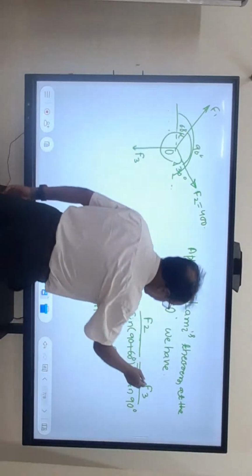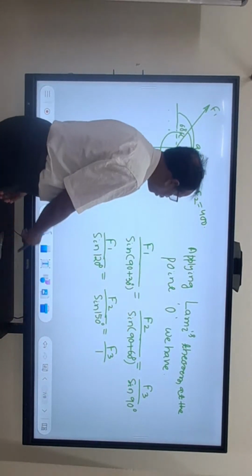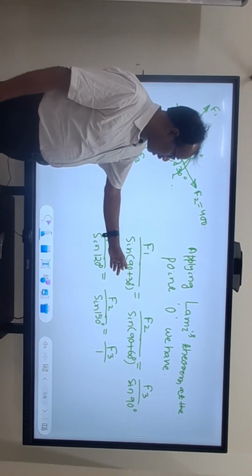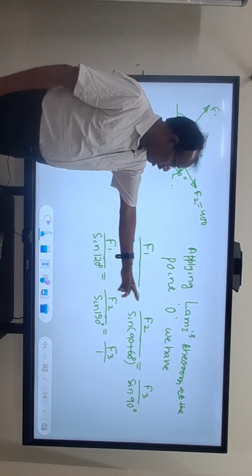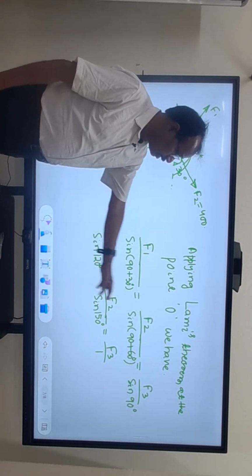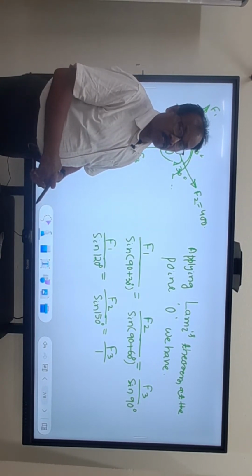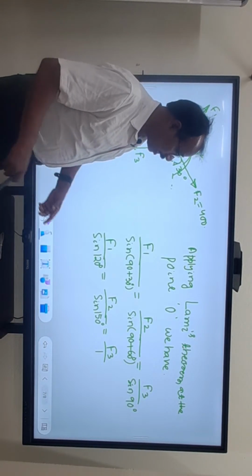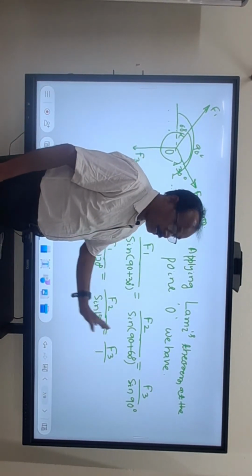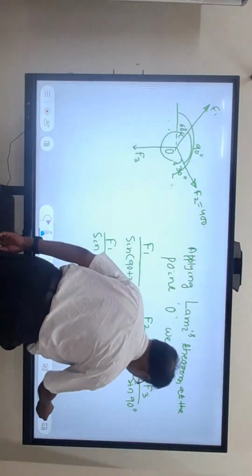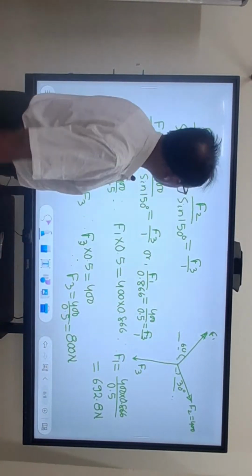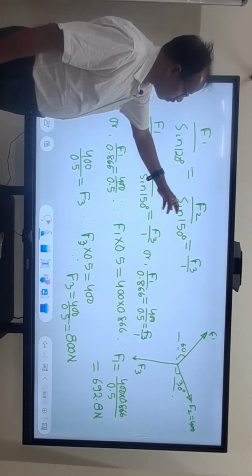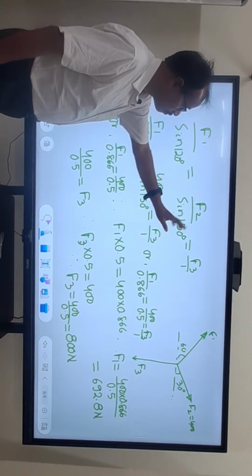So F1 by sine 120, because 90 plus 30, is equal to F2 by sine 150 is equal to F3 by 1, because sine 90 is 1.